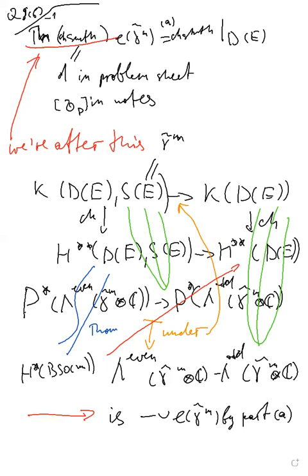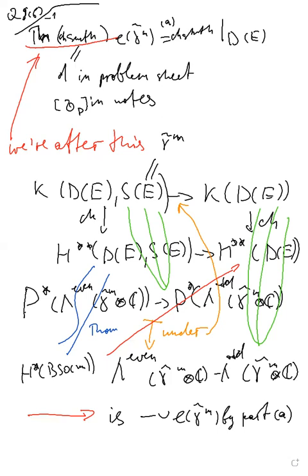We want to prove the formula from question 10, and we know that the Thom isomorphism inverse of ch of d times the Euler class is just ch of lambda even minus ch of lambda odd.